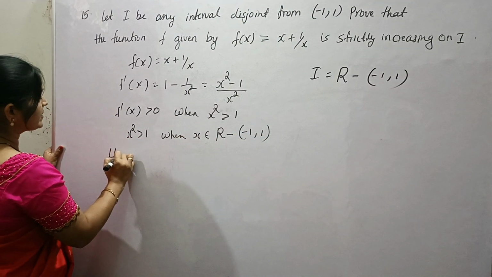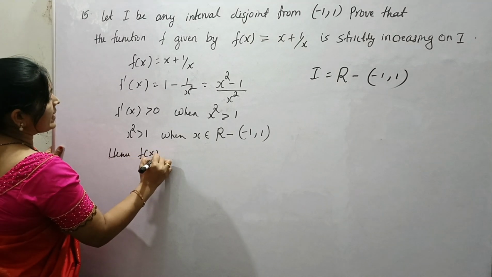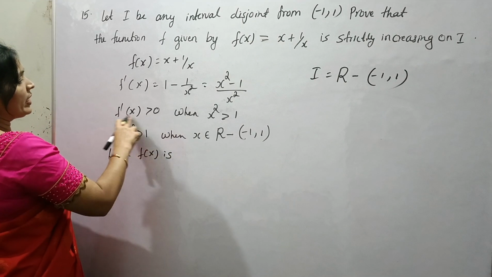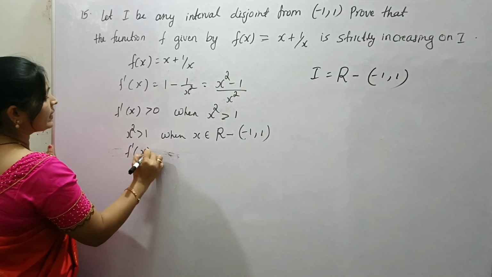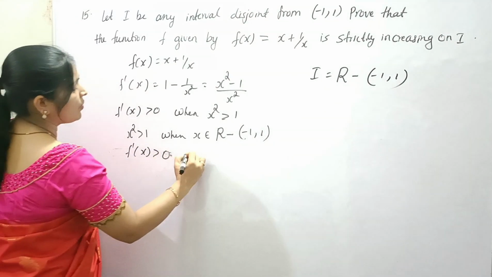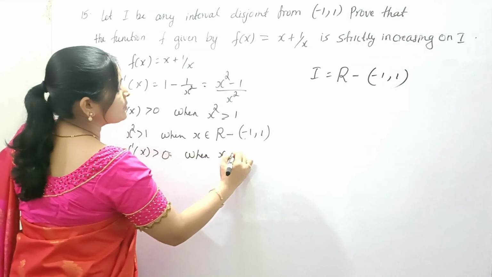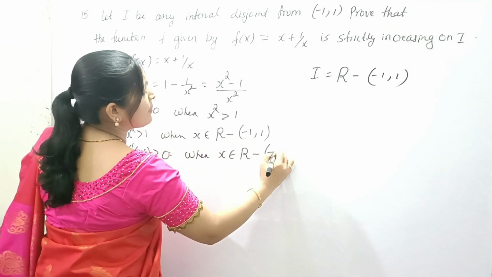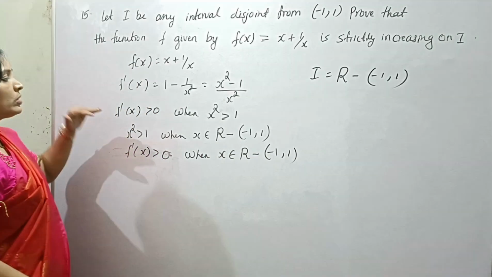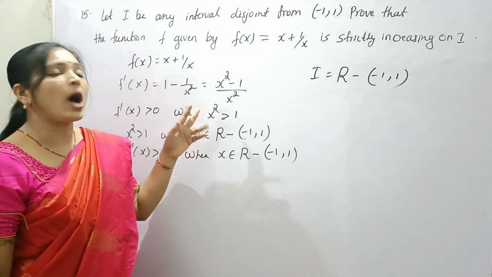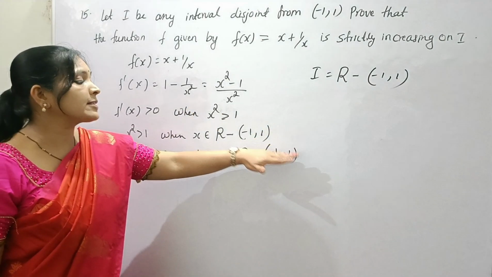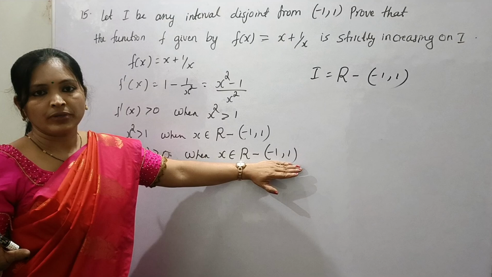Therefore, f dash of x is greater than 0 when x belongs to R minus -1 to 1. This f dash of x is always positive when x belongs to R minus -1 to 1, except this -1 to 1.